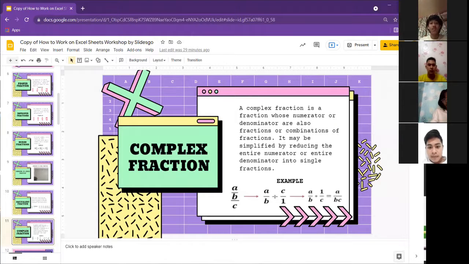You can rewrite it as a/b divided by c over 1. I get the 1 because there's no denominator. And then you multiply a/b times 1/c, which is equal to a over bc.